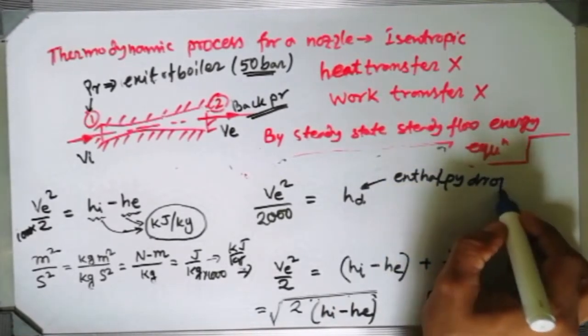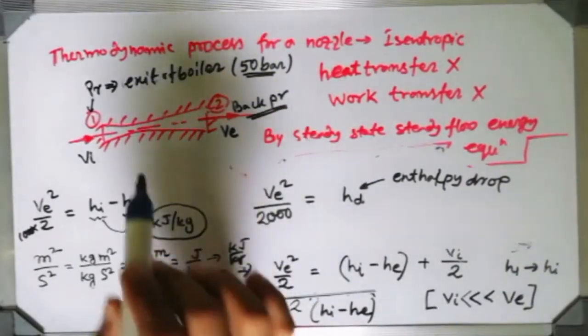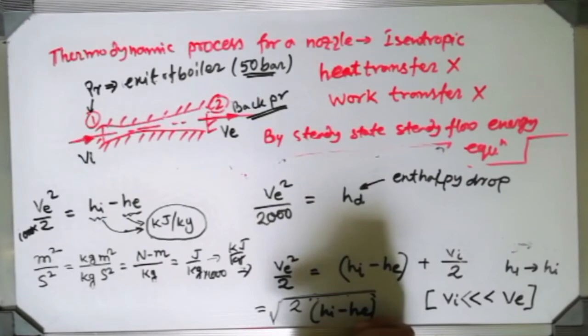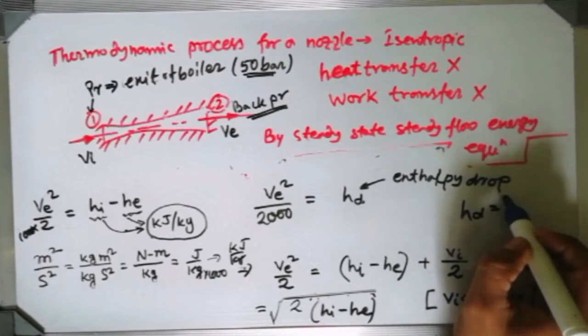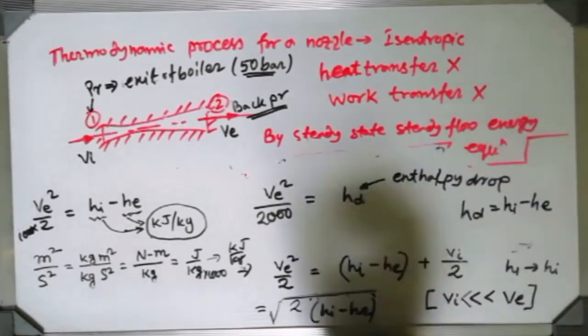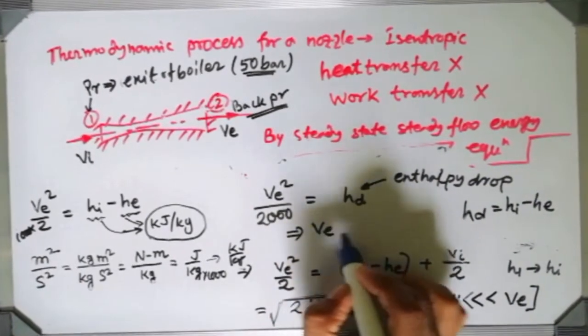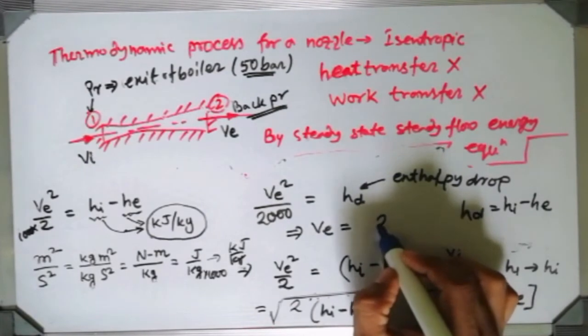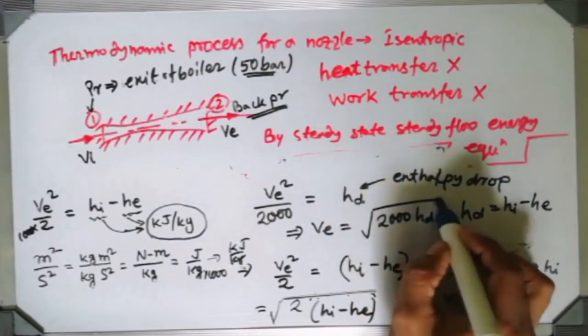Due to the isentropic process inside the nozzle. So hd is nothing but enthalpy drop, that is hi minus he. So from there I can find the expression like this: V equals to root of 2000 hd. That is the final expression.